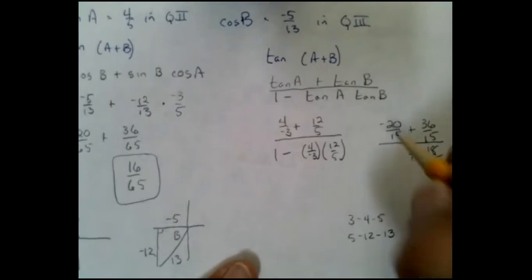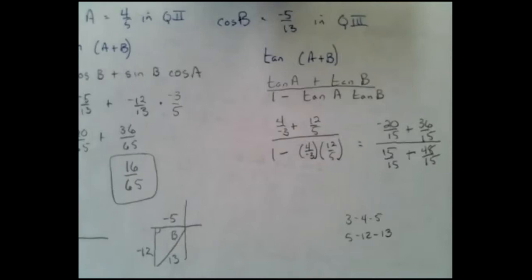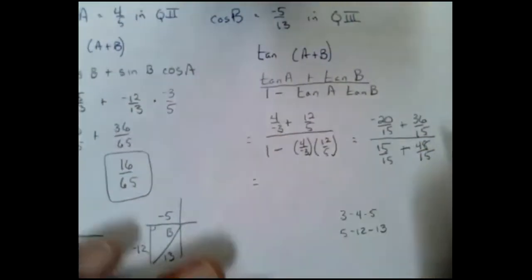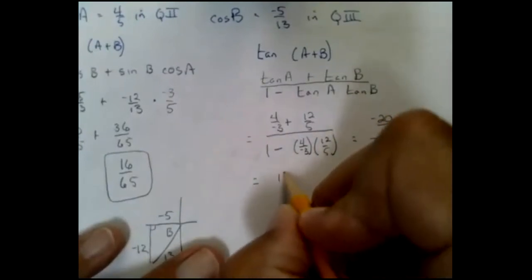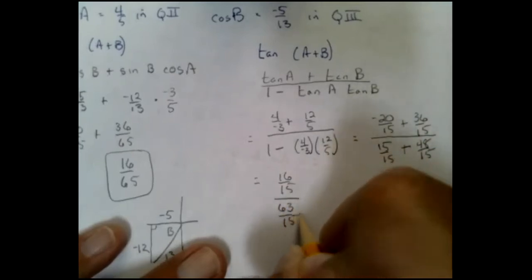Over. Here's a negative and here's a negative, so I'm going to make that a plus. And this actually becomes 48 over 15. This would be 15 over 15. 16 over 15 divided by 63 over 15.